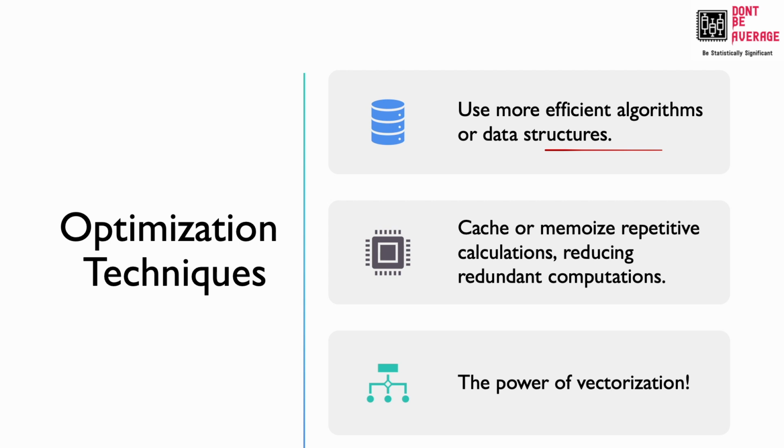The second thing we can try, which helps a lot, is to cache or memoize repetitive calculations. If there is a table or a number which we are calculating multiple times, we can cache it and reuse it so that the code does not run multiple times to derive the same thing.